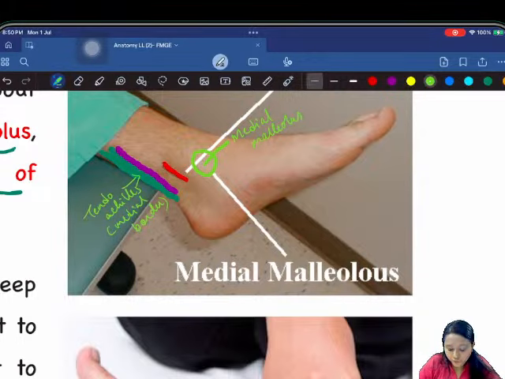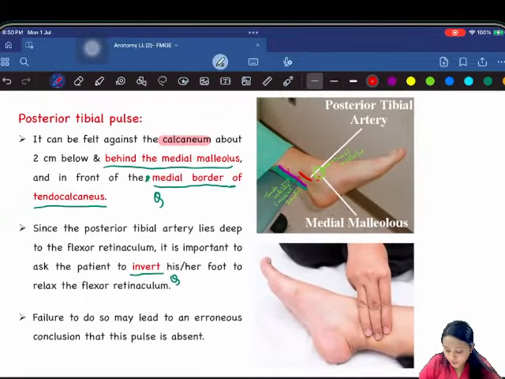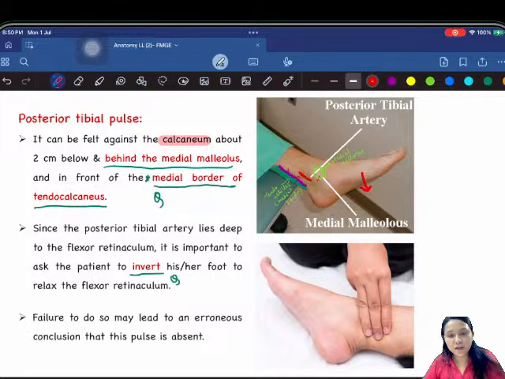So this posterior tibial artery pulse is felt behind the medial malleolus and in front of the tendoachilles, at its medial border. This is the correct way, and you have to ask the patient to invert the foot. Without inversion you will get an absent pulse.